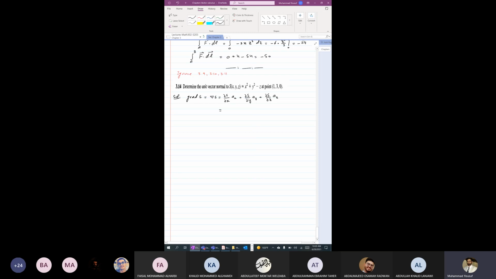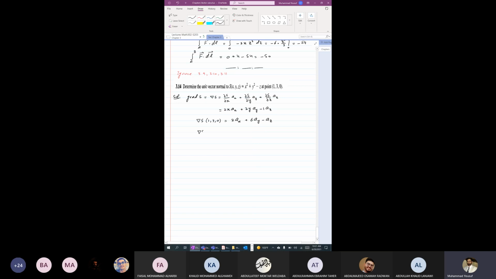This is how we will find the gradient in the previous two questions. Derivative with respect to x is 2x ax, plus derivative with respect to y is 2y ay, derivative with respect to z is -1 az. So del S at (1, 3, 0) is 2ax plus 6ay minus az. There is no z, so we are not putting z equal to 0.